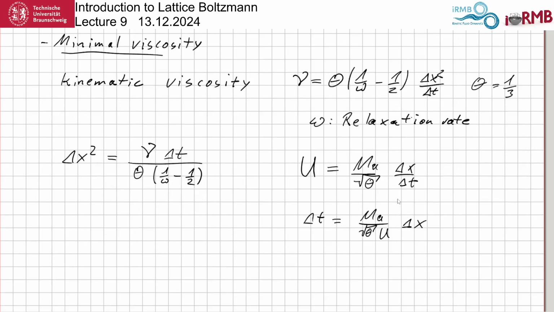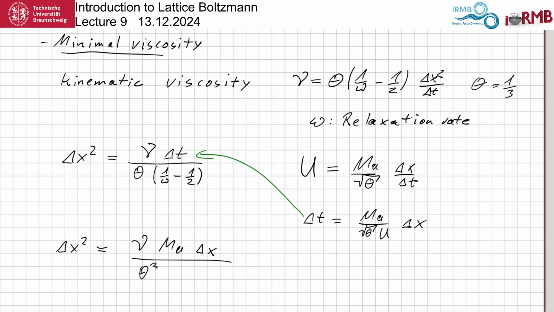Now what we are going to do is combine these things. I will put this here into this here, in order to see that we have delta x square is nu times the Mach number times delta x divided by, okay, now we have to combine these things.